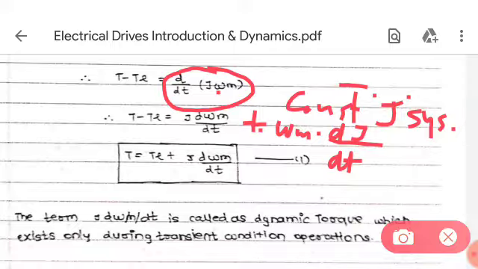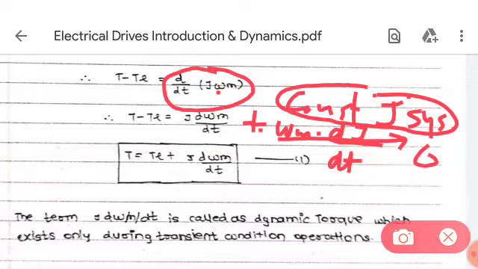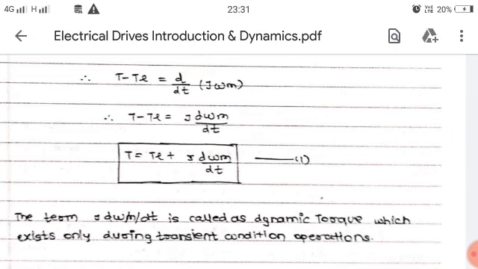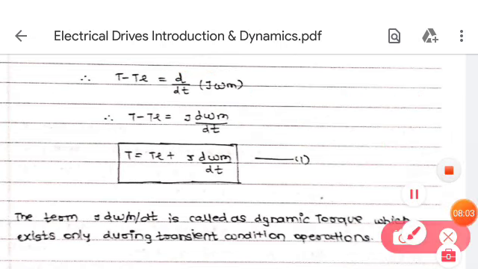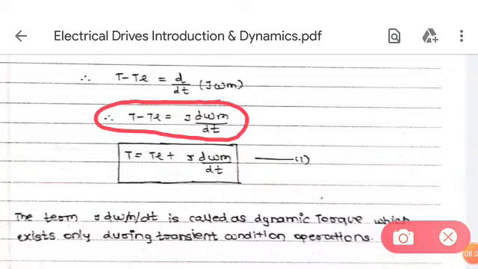But if it is a constant J system, in that case this goes to 0, and therefore we can write only these terms. So this is for constant inertia drives. Generally the inertia of the drive is constant. So this is the dynamic torque.